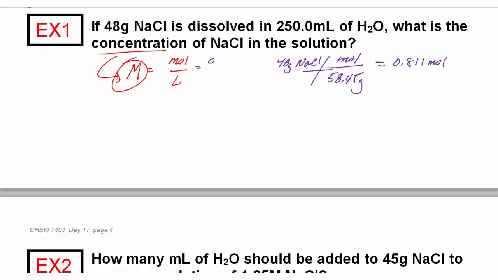So we'll have 0.821 moles all over 250 milliliters. And 250 milliliters, move the decimal place over 3 places. 1, 2, 3. 0.25 liters. Right? If you're not sure about moving the decimal place, just divide it by 1,000.